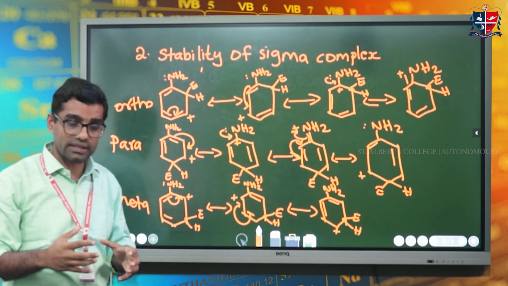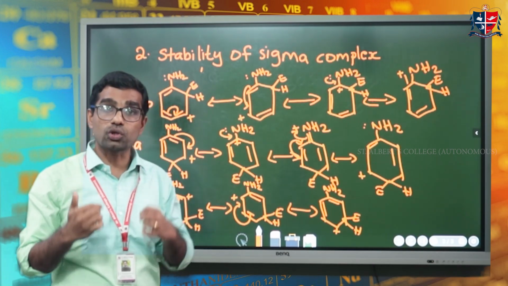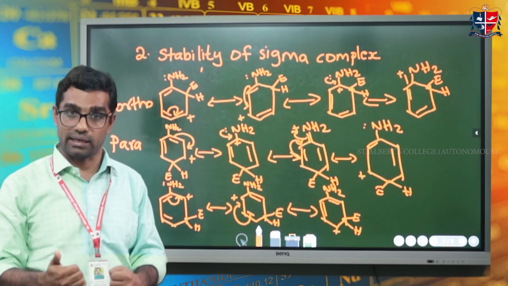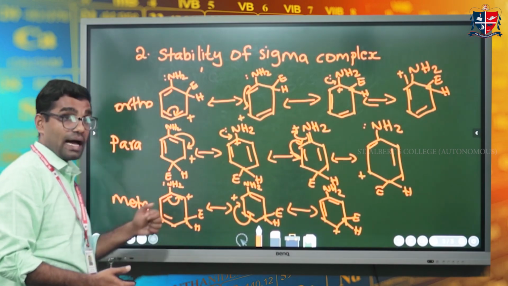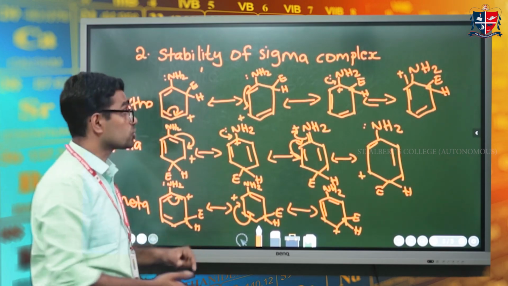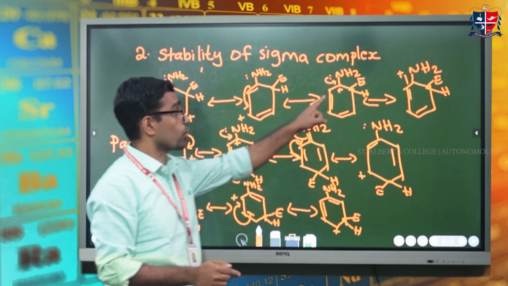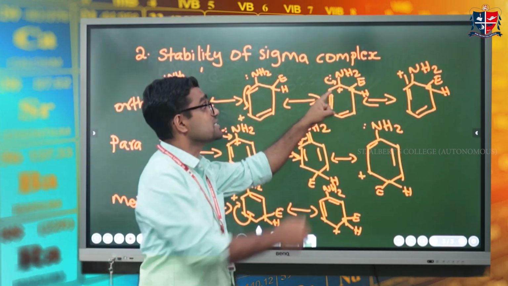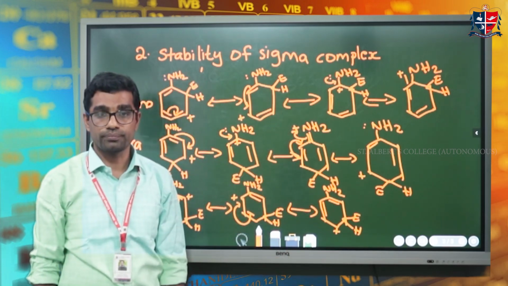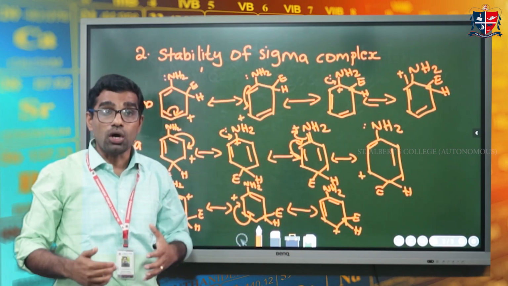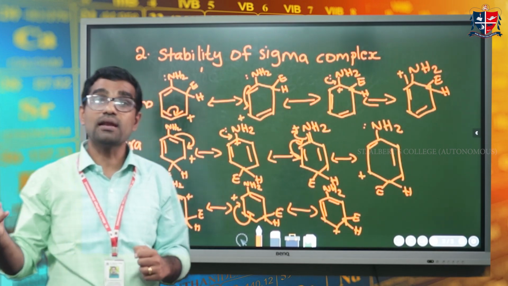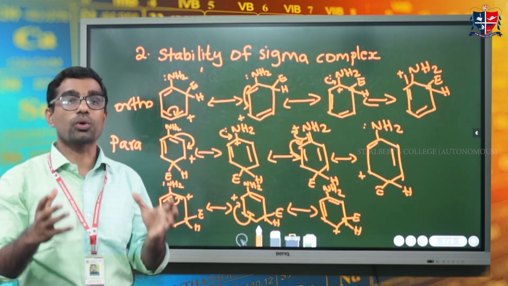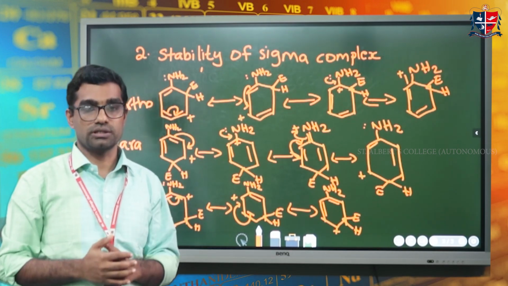The sigma complexes formed by the ortho attack and the para attack are much more stabilized compared to the meta attack because of the positive charge on the carbon bearing the amino group. So when the amino group is present, the electrophile will preferably come to the ortho para position.